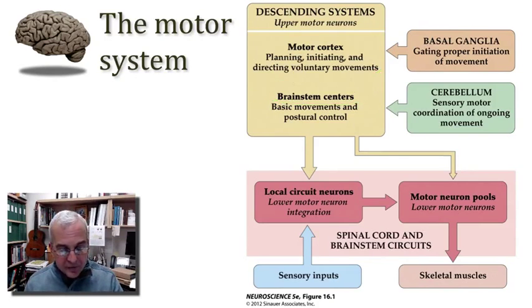So from these brainstem centers, for example, we have the coordination of posture, as well as the organization of basic movements that are essential for sustaining goal-directed behavior, such as locomotion and other aspects of rhythmical, highly stereotypical activities, including things that we do with our cranial structures, like chewing.